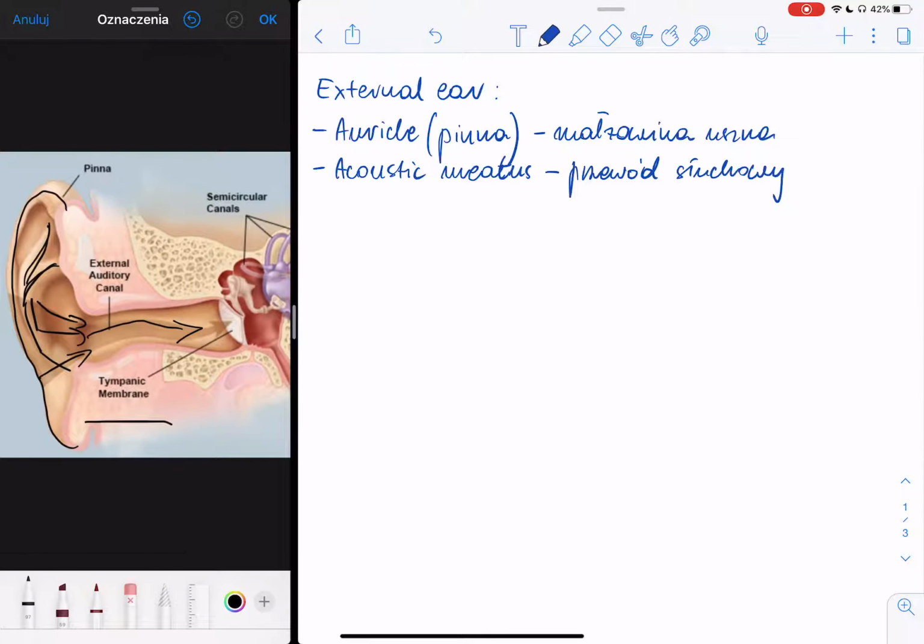So basically, the main task of pinna is to captivate the sound waves and focus them directly into the opening of the auditory canal, as is marked here, or acoustic meatus, which is a more biological term.